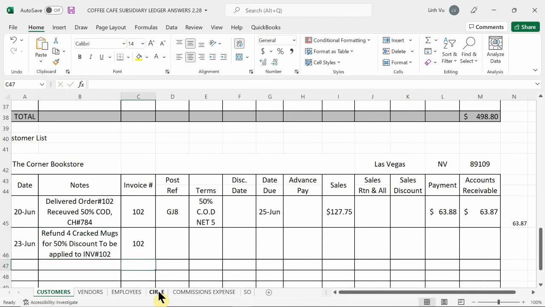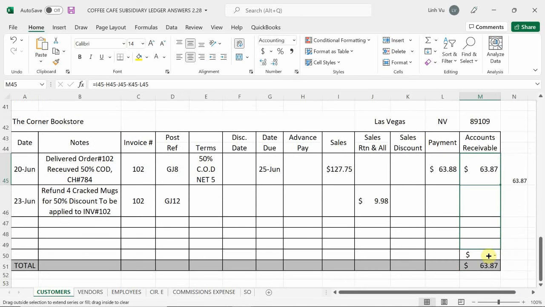Invoice number 102. It's journal 12 here. And this is a returns and allowances for $9.98. If you did this formula, it will show down here what they owe me in general in grand total.